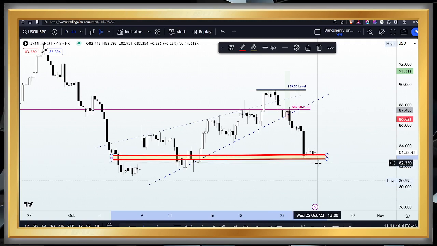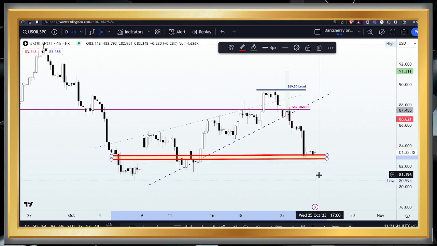Because of this, this area is going to be playing a major role in determining the direction of price action for today. So what we are going to be doing now is to scale back down into the 1 hour time frame so that we can see how participants in this market will be reacting to this level to decide what our next line of action will be.